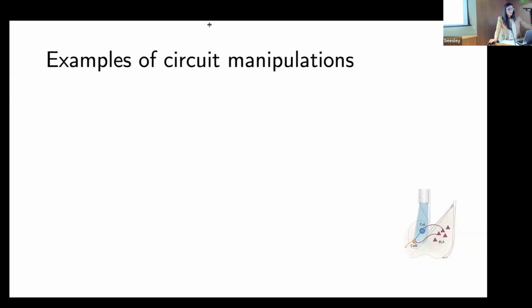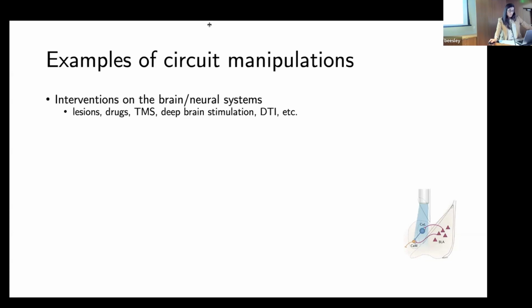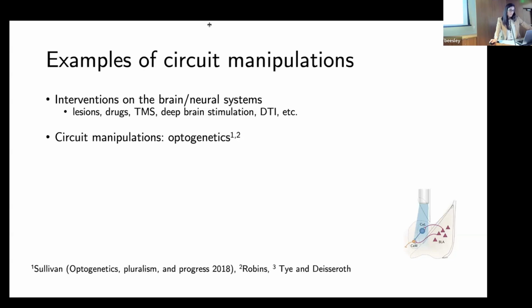We see this very nicely with tools and methods that are used to study circuits in neuroscience. There are, of course, many different types of methods that are used to get information about and intervene on neural systems in the brain.